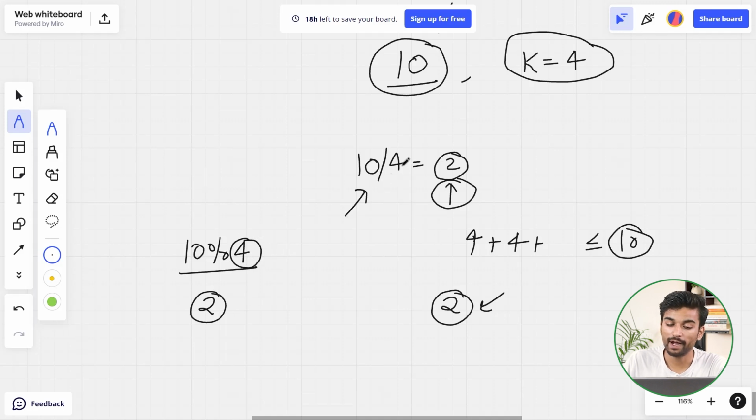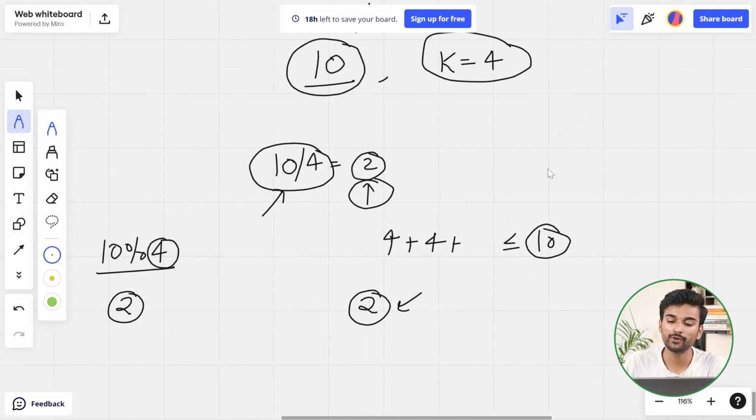So if I try to find out how many times k can be added such that it is lesser than or equal to that particular array of I, I will divide that particular element by k. I get a value telling me how many times I can add k so that it is lesser than or equal to the array of I value. Also, what about the last value if it is not divisible?